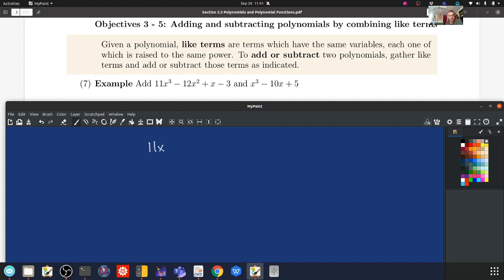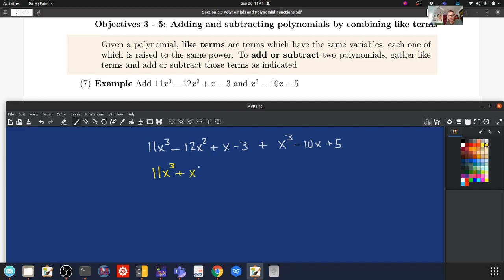There are different ways to do polynomial addition. Actually, I will show you two different ways, which I think are included in our textbook and in these notes. So I'm going to add this polynomial to this polynomial, x cubed minus 10x plus 5. So like terms are determined by their degree. So I'm going to collect all of my x cubed terms first.